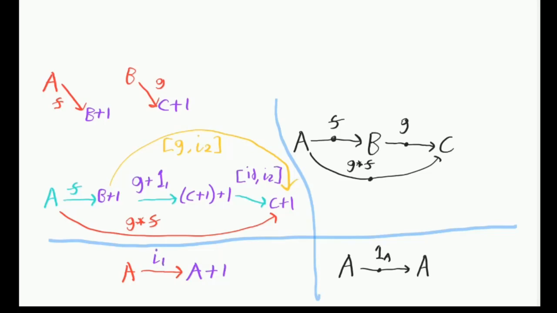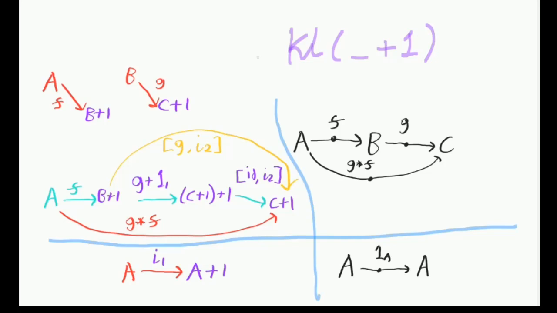And that's it. That's the Kleisli category of the maybe monad. So often we'd write such a category as KL of blank plus 1, blank plus 1 being this sort of maybe monad.